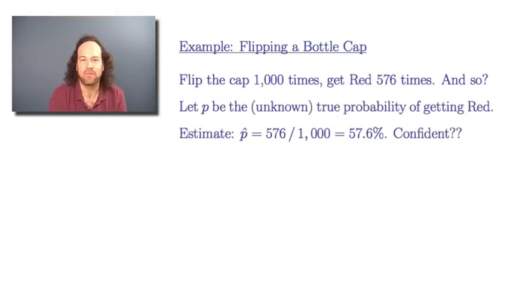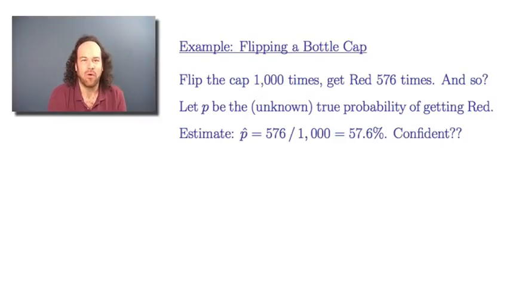So the estimate, which we'll write as P hat again, is 576 divided by 1,000, or 57.6%. But the question is, how confident are we? How sure are we that P really is close to 57.6%? Well, with everything we've learned so far, we can figure this out.